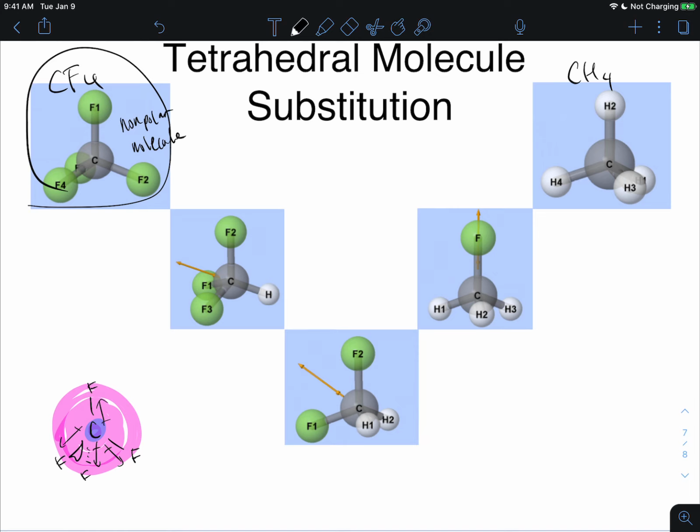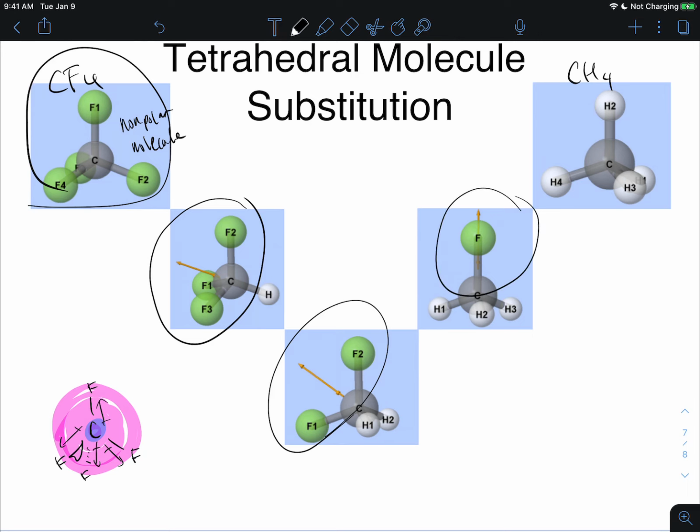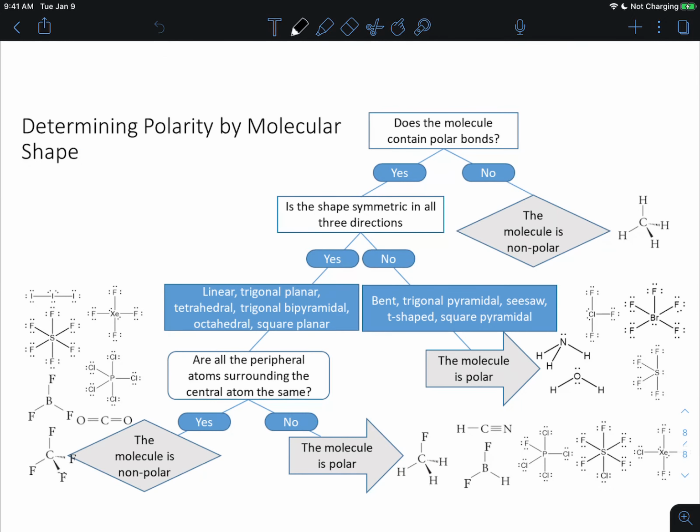But as soon as we substitute either a fluorine for a hydrogen or a hydrogen for fluorine, we produce a dipole. Okay? And the magnitude of that dipole is going to be based upon how separate that charge is. The more separate you can get that charge, and the greater the magnitude of that separation of charge, the greater that dipole will be.